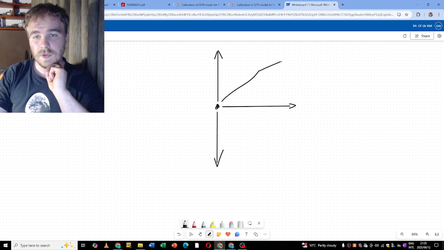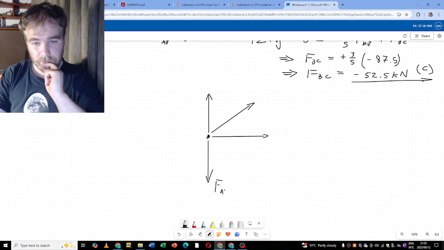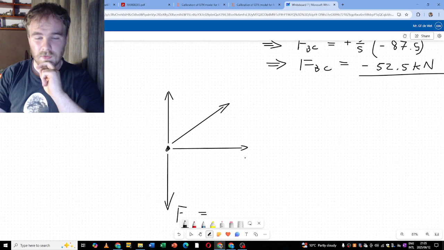And a force pulling in this direction. There it snaps. So it is FAI and FBI.